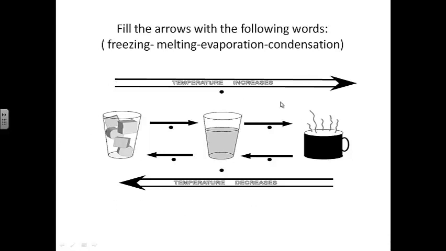So all of the arrows going this side are by heating, and all of the arrows going the other side are by cooling. So solid to liquid by heating is melting. What about liquid back to solid by cooling? It's freezing.